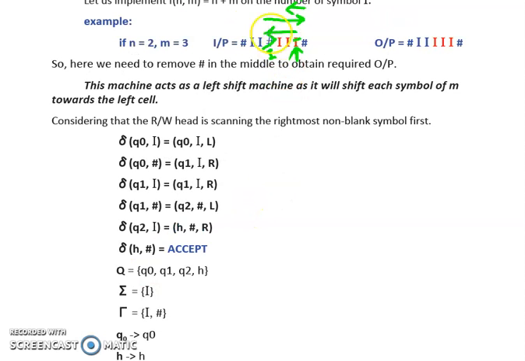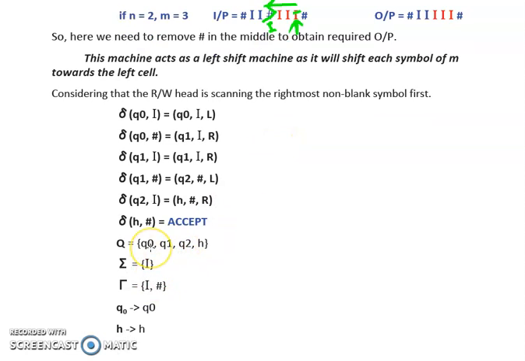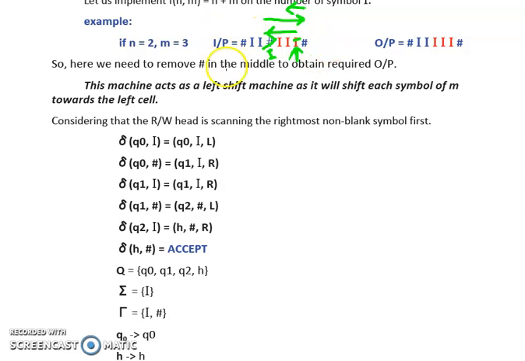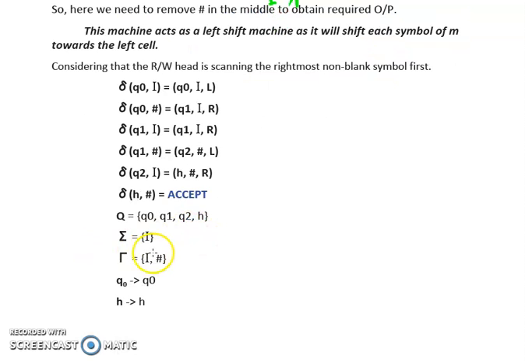So the input symbol that we are providing is only one, that is I. So the set sigma consists of a single input symbol I. Gamma is the set of symbols on the infinite tape along with the symbol hash, that is our blank symbol. So the symbol on the infinite tape is just I. So we are using I over here along with the hash, that is our blank symbol.